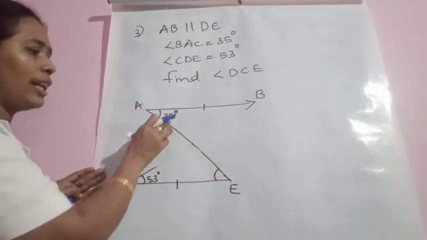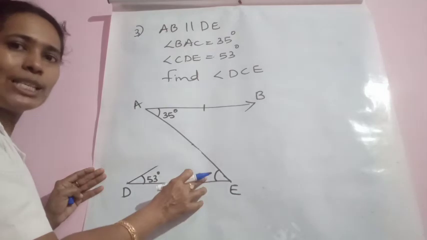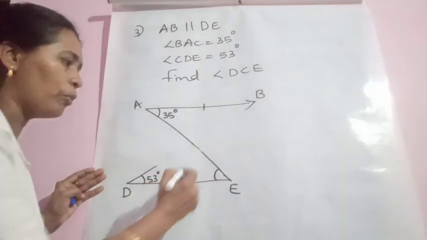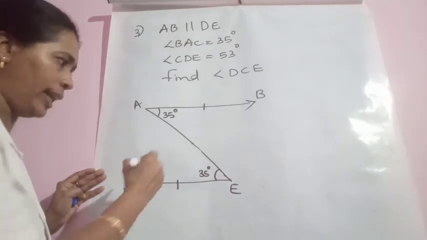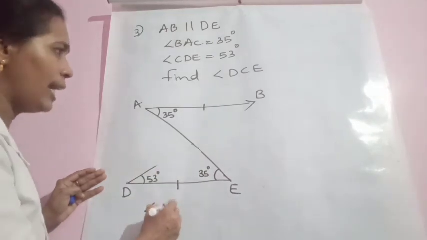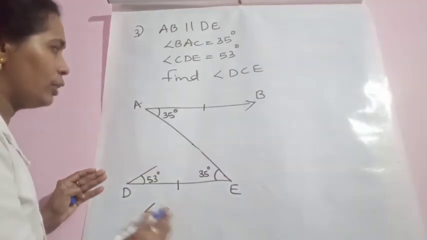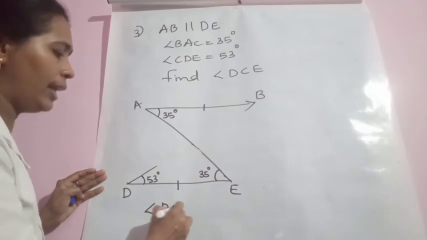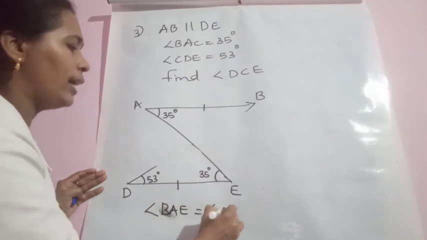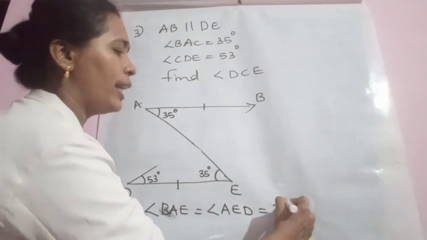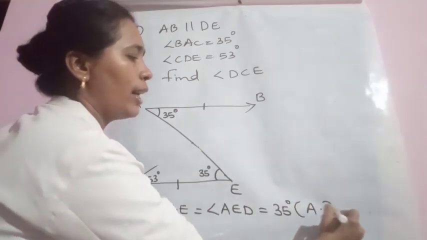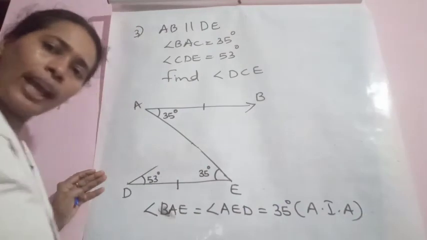So, this is 35, what is the measure of this one also? 35. Why? Because they are alternate. So we can write angle BAE equal to angle AED equal to 35 degree. Reason is alternate interior angles.